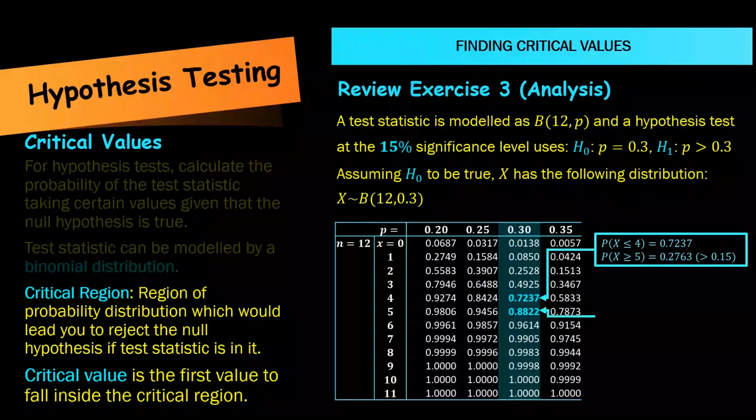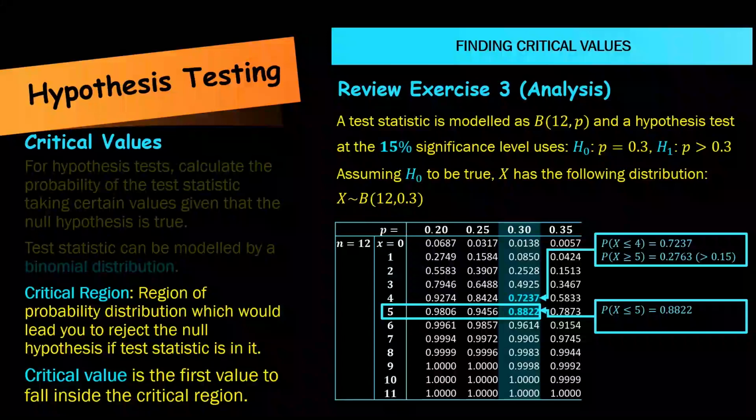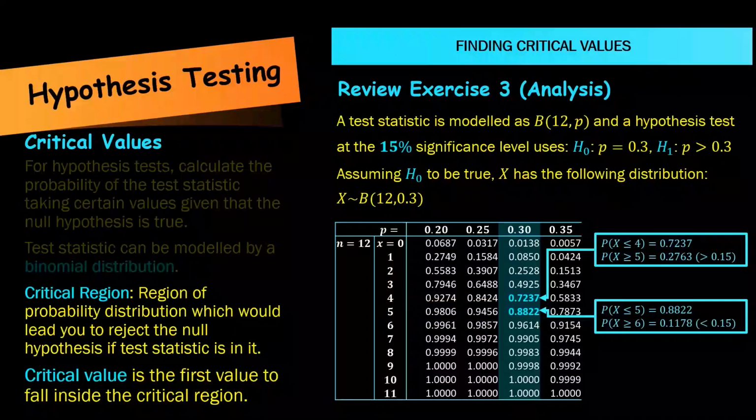This is an important point. And the second value, let's have a look at this. The probability that x is less than or equal to 5 is equal to 0.8822. So therefore, the probability that x is greater than or equal to 6 equals 0.1178.